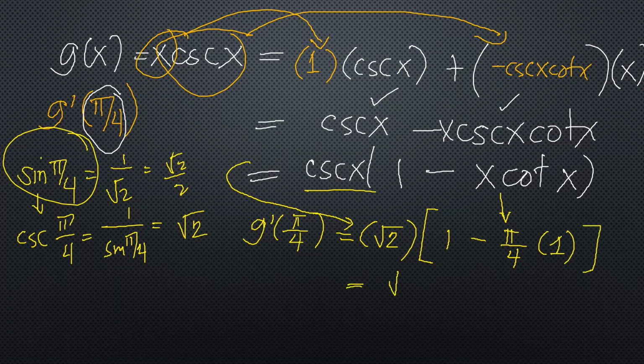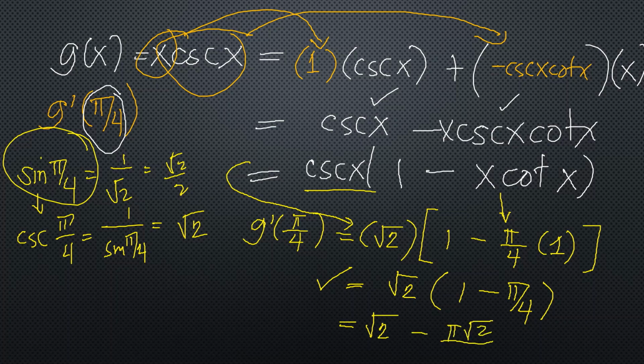So we have square root of 2 times 1 minus pi over 4. This can be your answer already, or you can have square root of 2 minus pi square root of 2 over 4, or square root of 2 minus square root of 2 pi over 4.